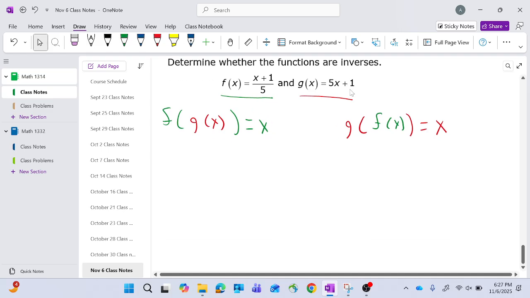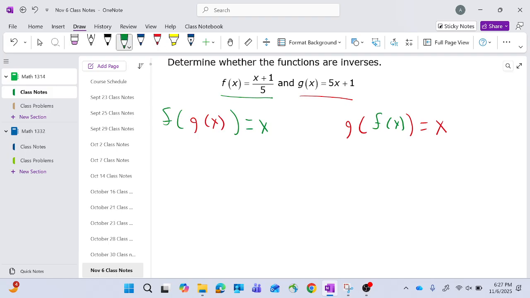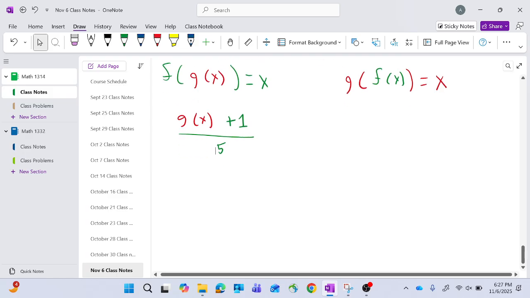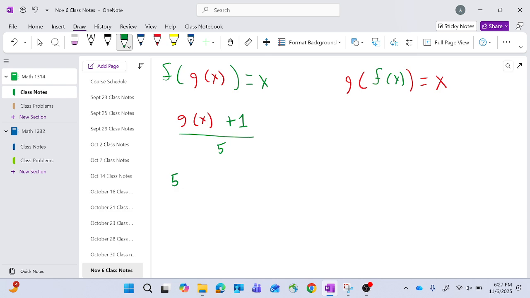Okay? f of x is x plus 1 over 5, so replace the x with g of x, plus 1 over 5. Well, g of x is 5x plus 1, right? So we have 5x plus 1 plus 1 over 5, or 5x plus 2 over 5.